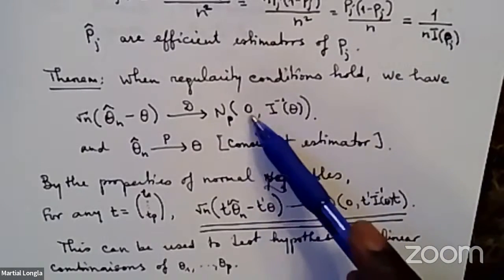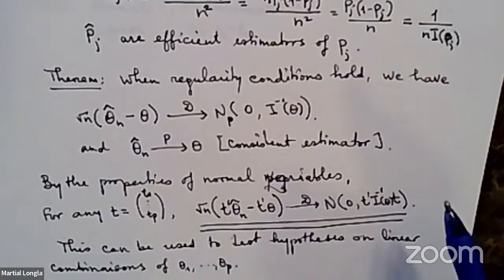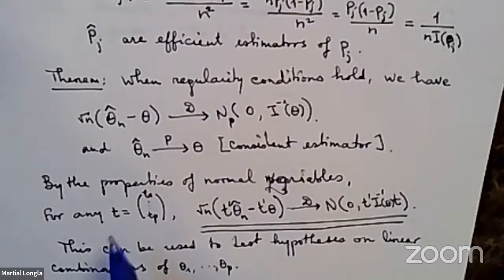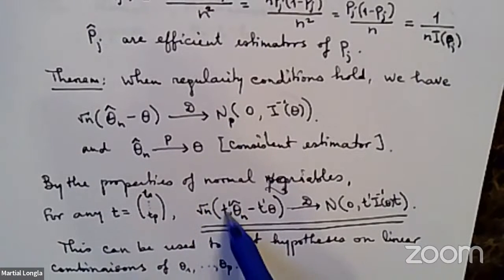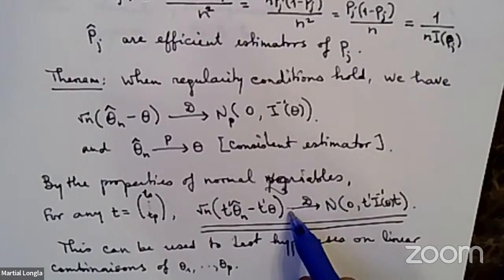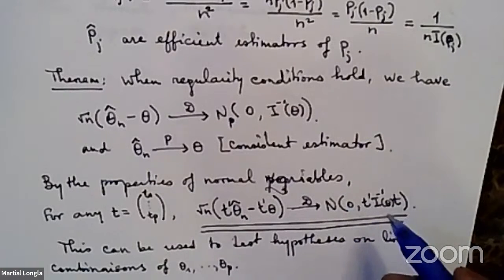Due to this theorem, by the properties of multivariate normal variables, we can claim that for any vector t equals t1 to tp, square root of n times t transpose theta hat minus t transpose theta converges in distribution to a normal variable with mean 0 and variance t transpose I inverse of theta t.